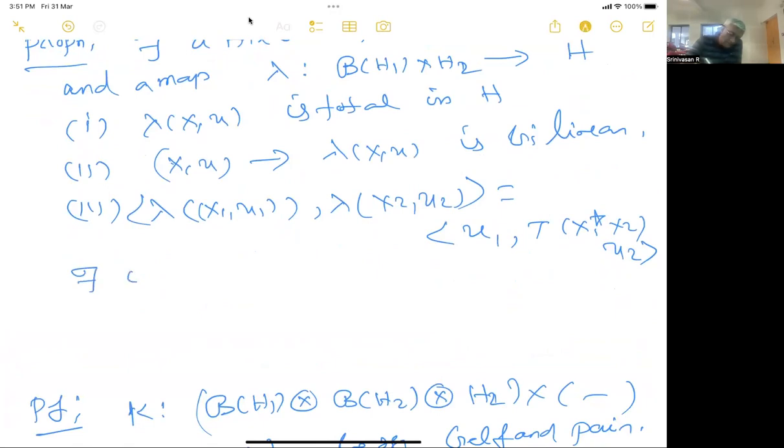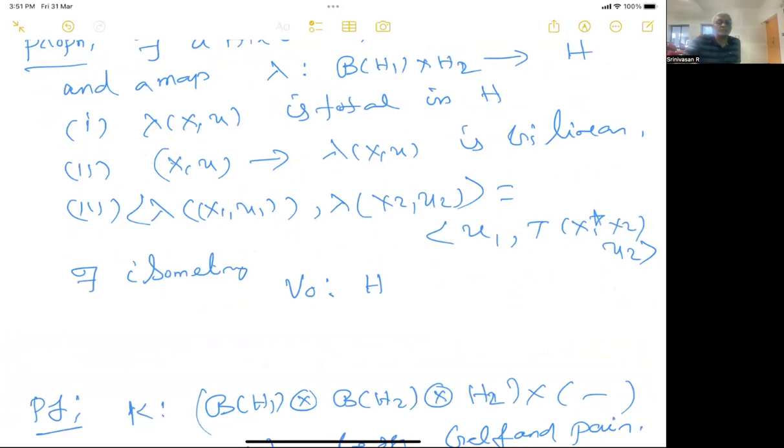There exists an isometry V0 from H1 to H, which takes U to lambda 1 U. You take both X and Y to be identity. That this is an isometry is clear, since it satisfies the previous inner product condition.